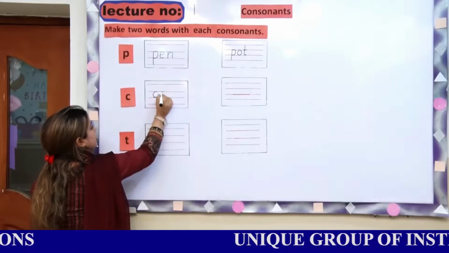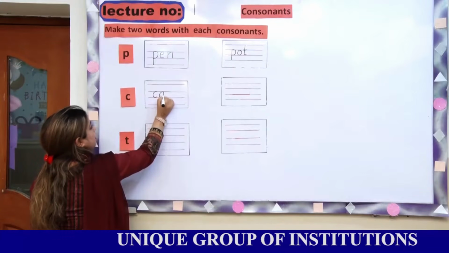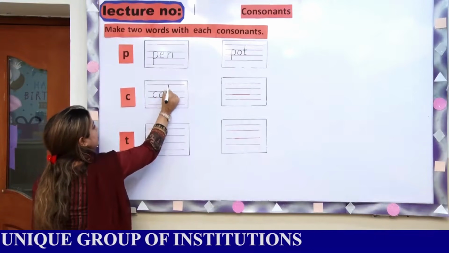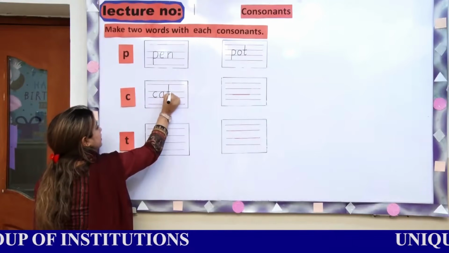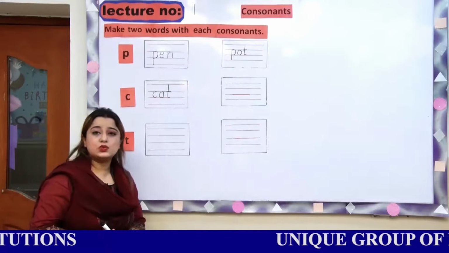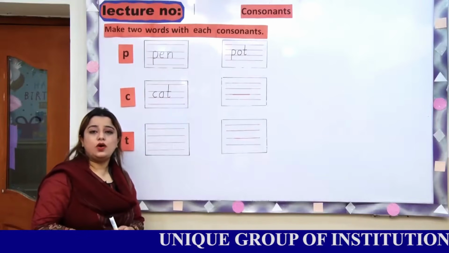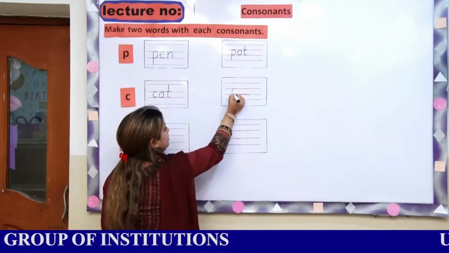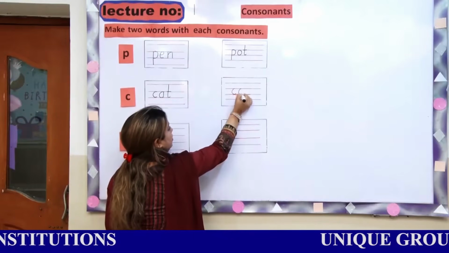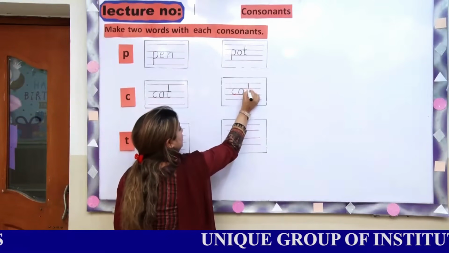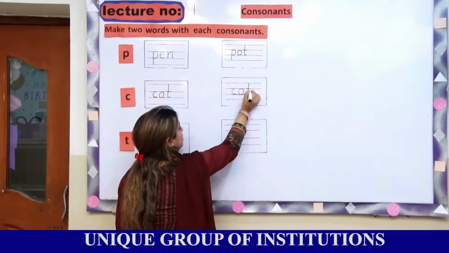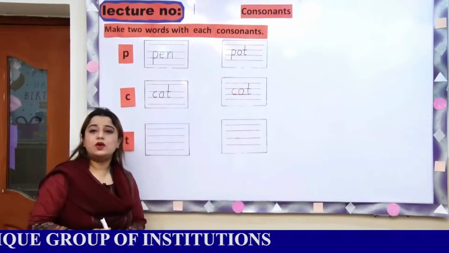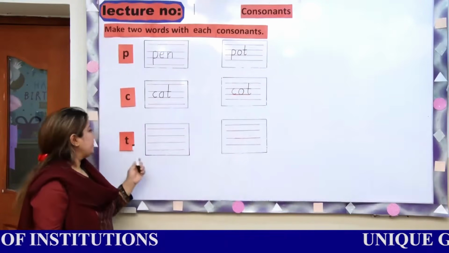K, A, T, cat. And the next word will be K, O, T, caught.